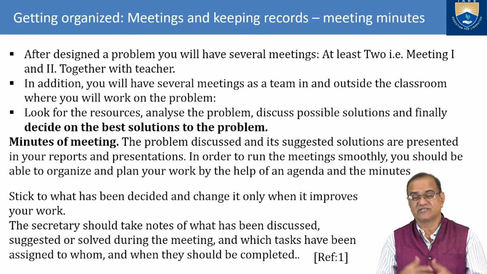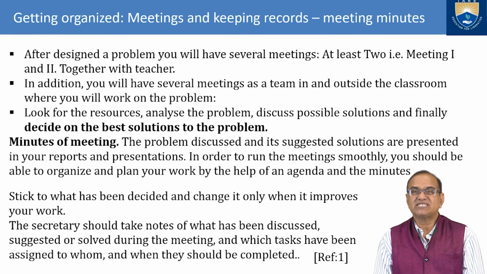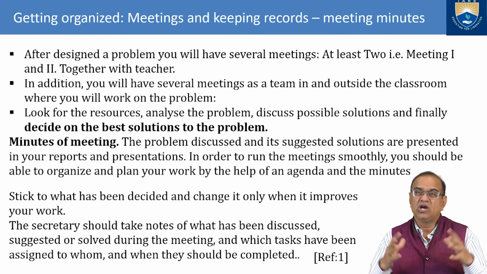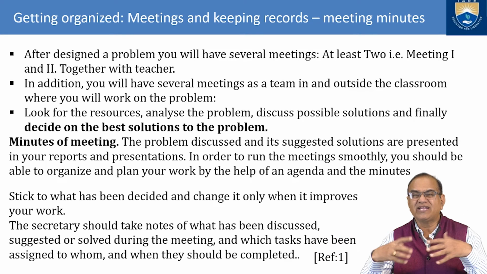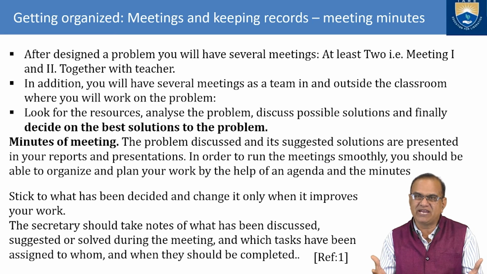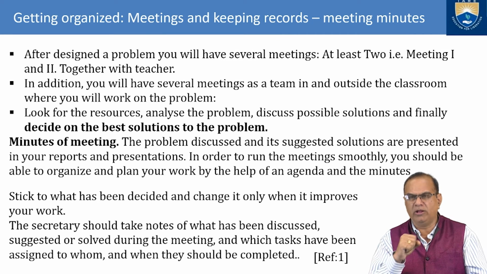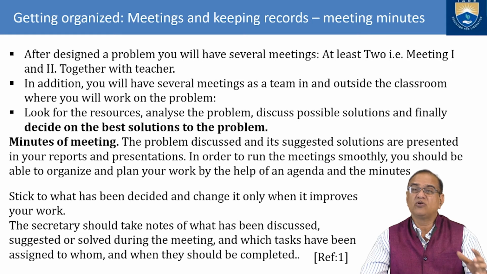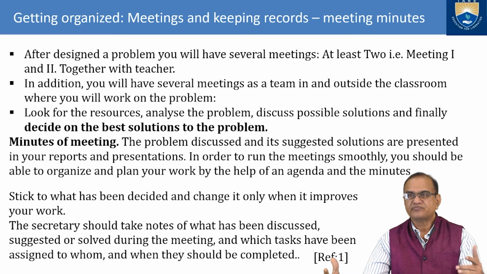So what do you have to discuss in the meeting? You have to discuss the availability of the resources. In our college, in your surroundings, in your locality, what type of resources are available? Libraries, computers, software, experimental tools, workshops, all the necessary resources you have to find out. And then you discuss in the meeting.